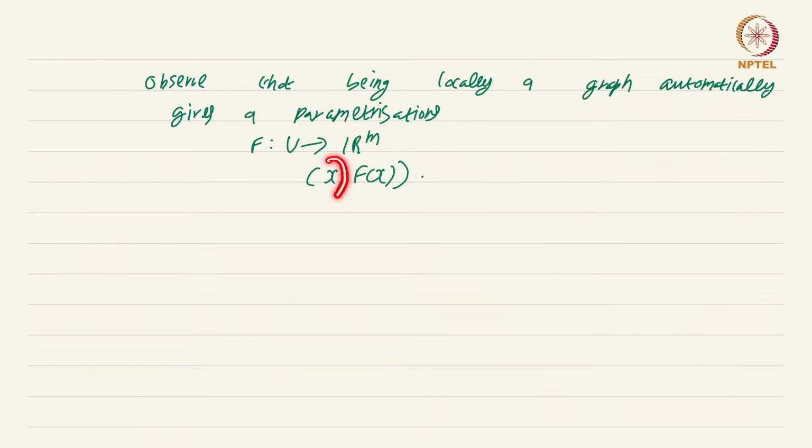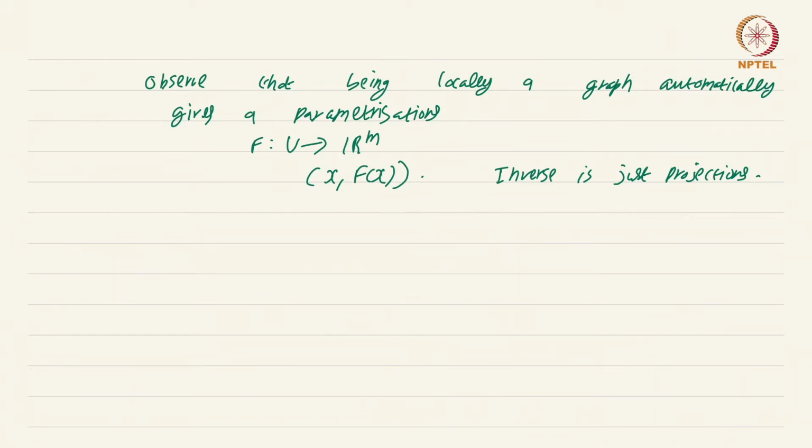Because of the contribution of this x. Because of that, it's going to be full rank. Why is the inverse going to be continuous? Because the inverse is just projection. So the graph gives rise to a local parameterization that has all the properties needed in definition 3 automatically.